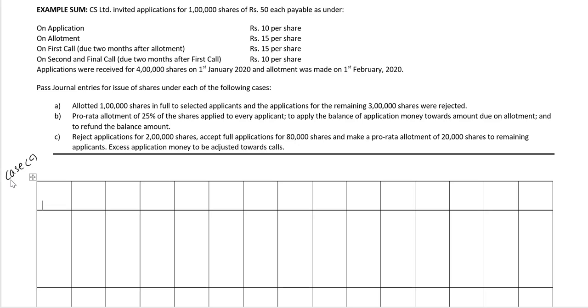So let's write down the notes first. We have the application is rupees 10 per share, and the application amount was received on 1/1/2020. Allotment is due rupees 15 per share, and it's due on 1st February 2020.